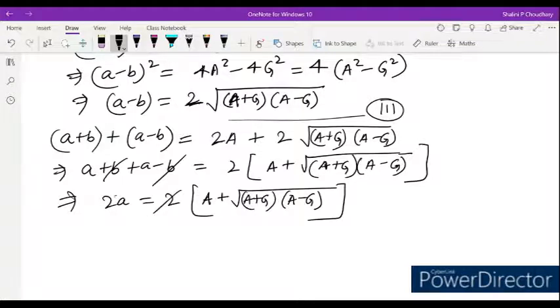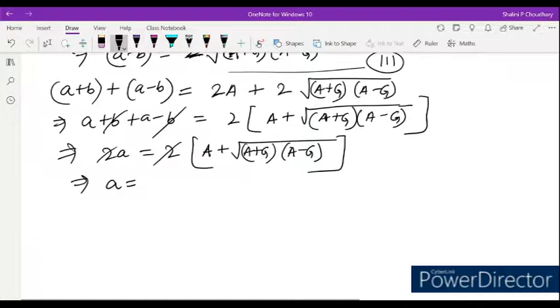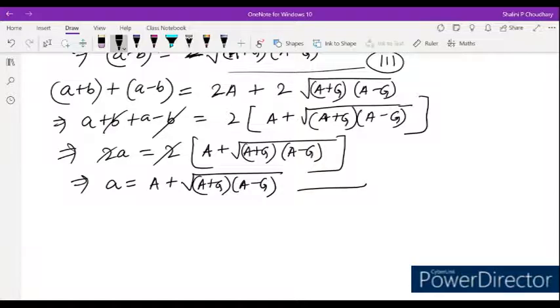So the 2 cancels. So what value are we getting for a? There are two numbers we have taken, a and b. So a is equal to A plus square root of (A plus G) into (A minus G). This is the equation we can take as equation number 4.